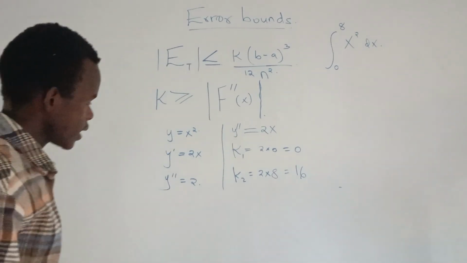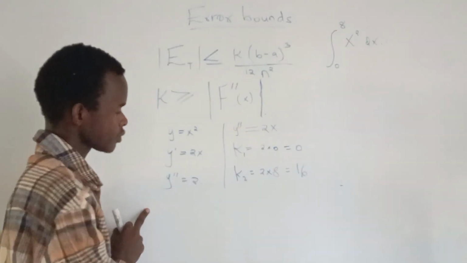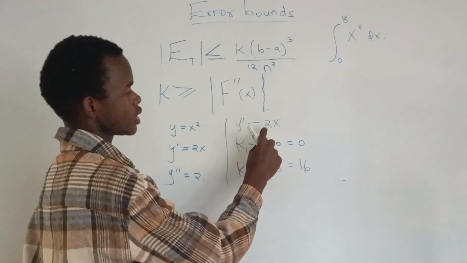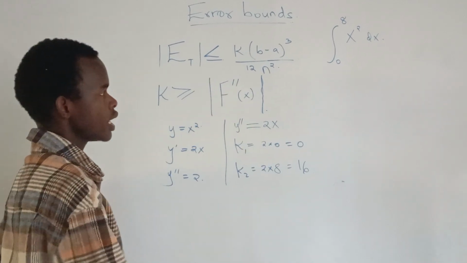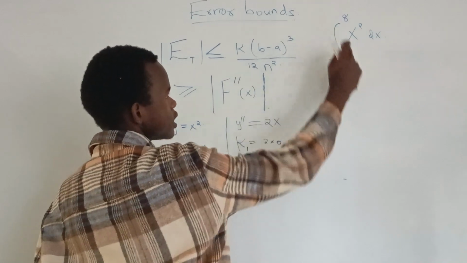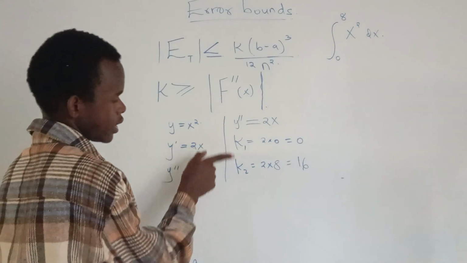So in cases where you get a constant term multiplied by a variable, just replace the variable with the bounds, 8 and 0. So we have the two values of k.